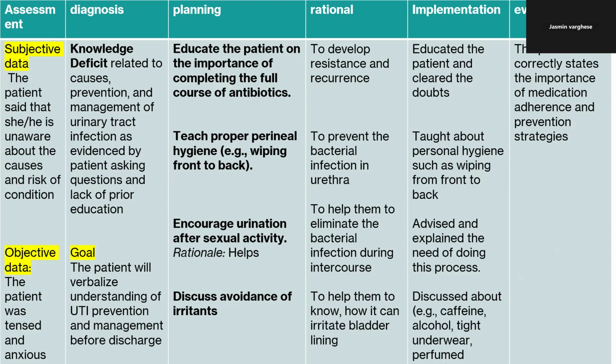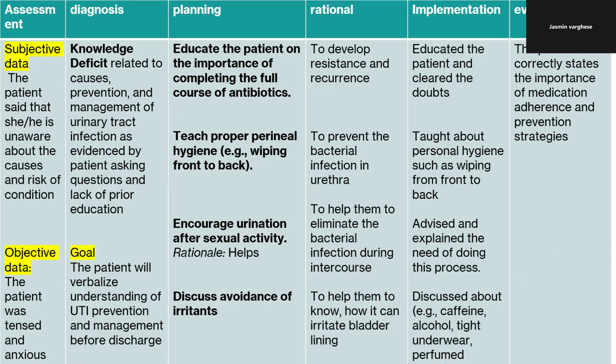Second one, teach proper perineal hygiene. That's very, very important. There are different techniques, like wiping from front to back, so you should teach that specific technique to the patient to prevent bacterial infection in the urethra. In implementation, you can write taught about perineal hygiene, cleaning by wiping from front to back.